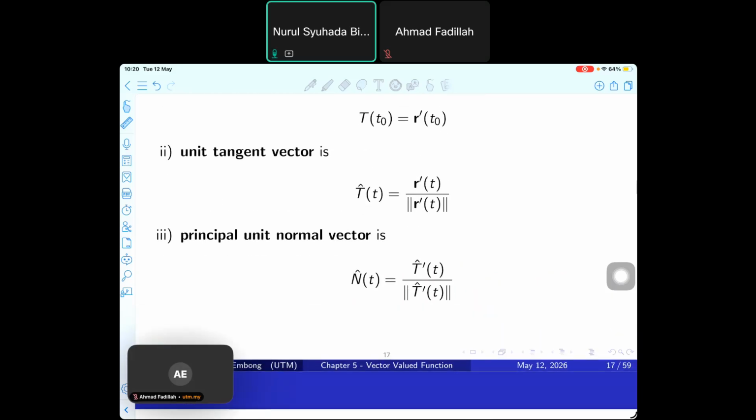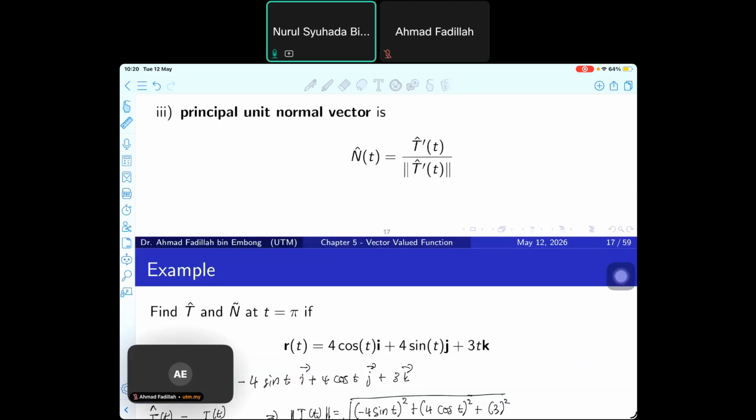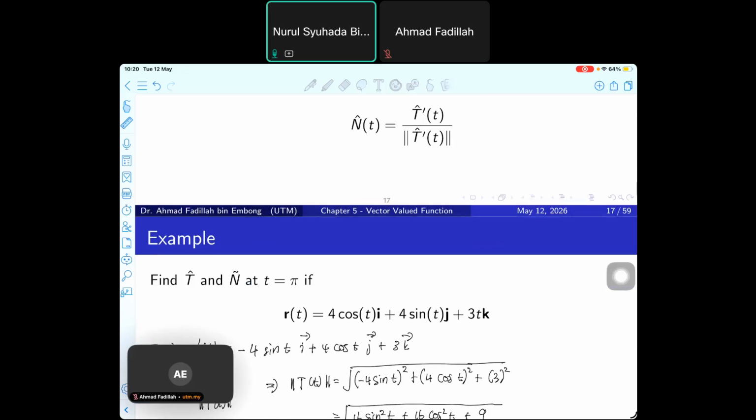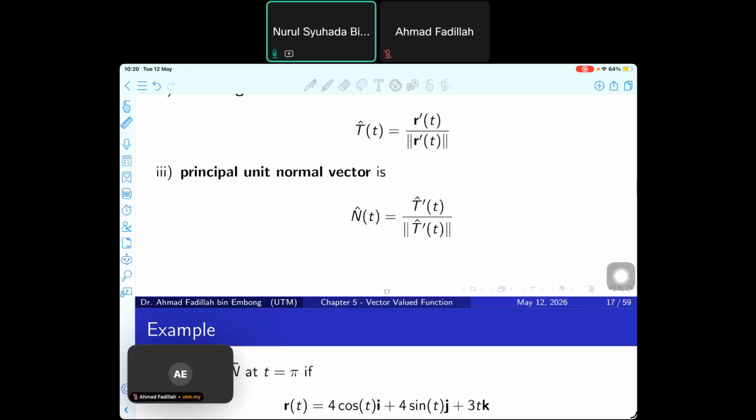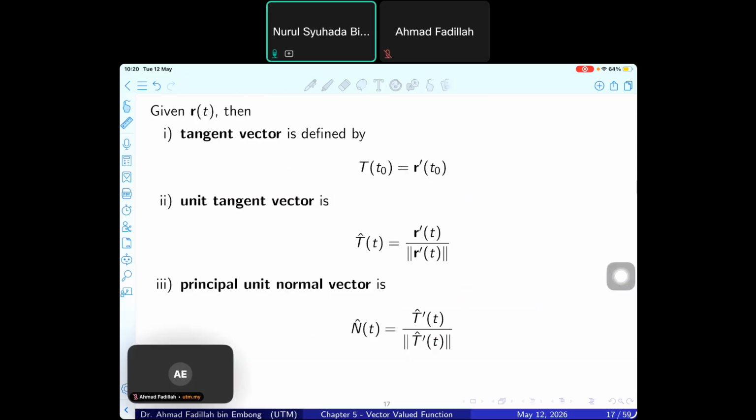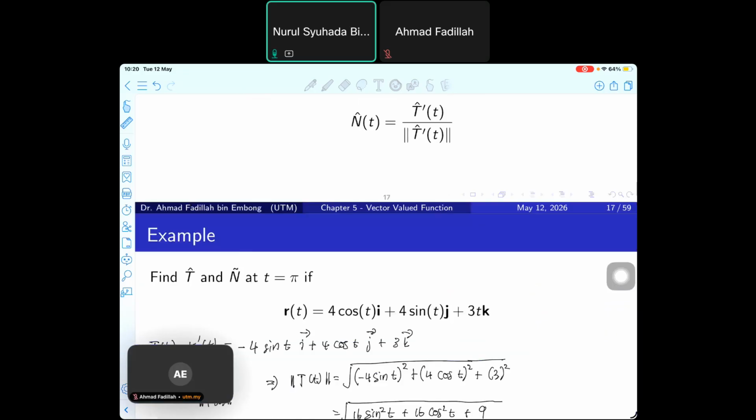So let us look at one example regarding all these three components: the tangent vector, unit tangent vector, and principal unit normal vector.